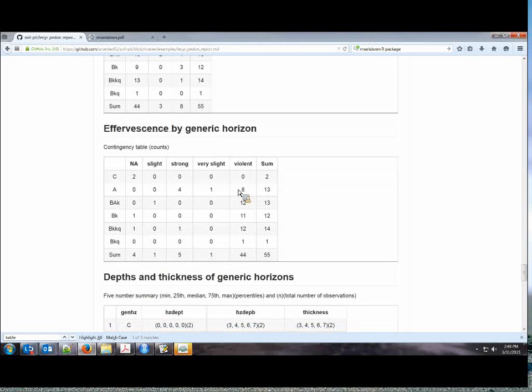This is a calcareous soil, so it's not shocking that there's a lot of violent effervescence going on all the way throughout the profile, but in some cases it's only strong or rarely very slight.